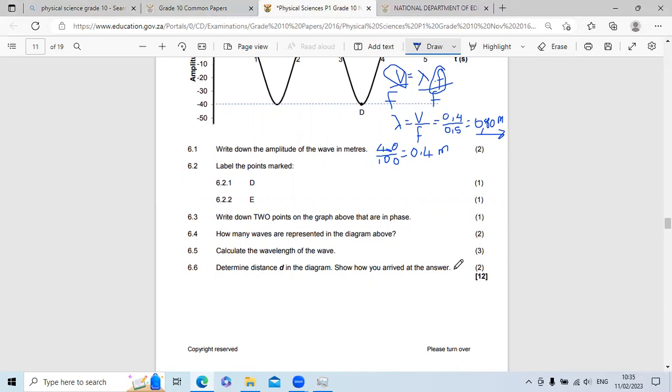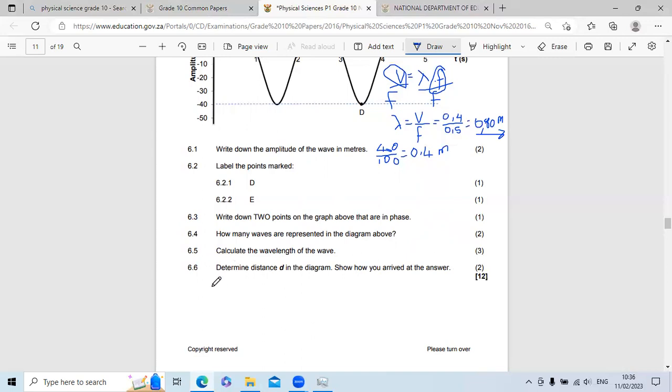Do you remember I gave you an equation to calculate distance and wavelength? Where wavelength is equal to the distance divided by the number of waves, and the distance is equal to the wavelength multiplied by the number of waves. Do you remember that one? Yes.